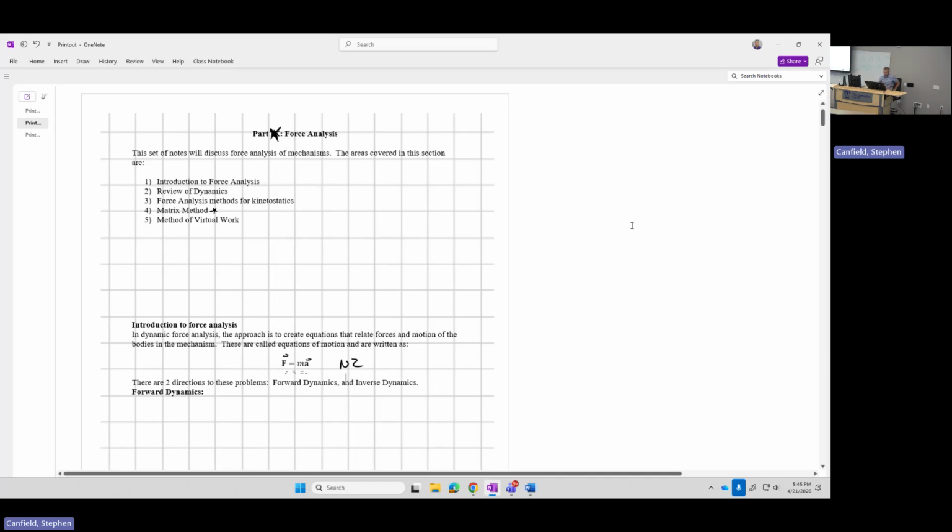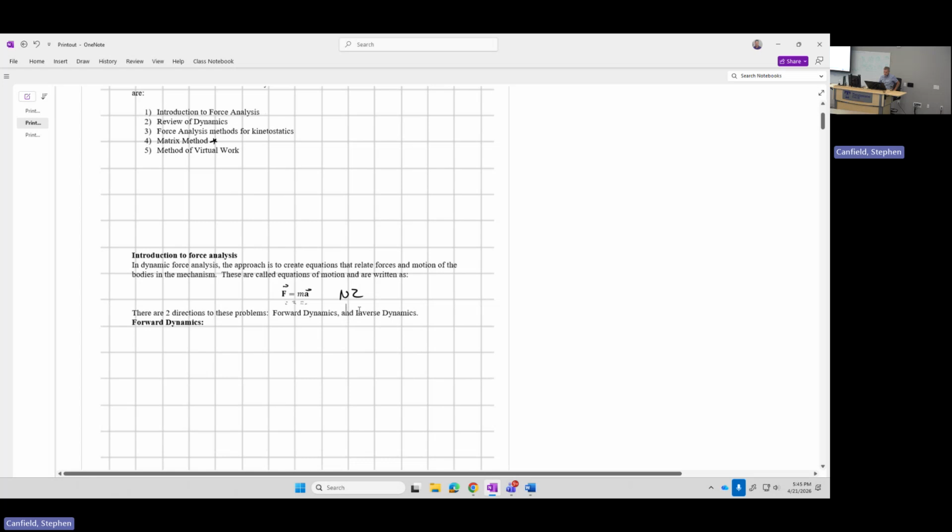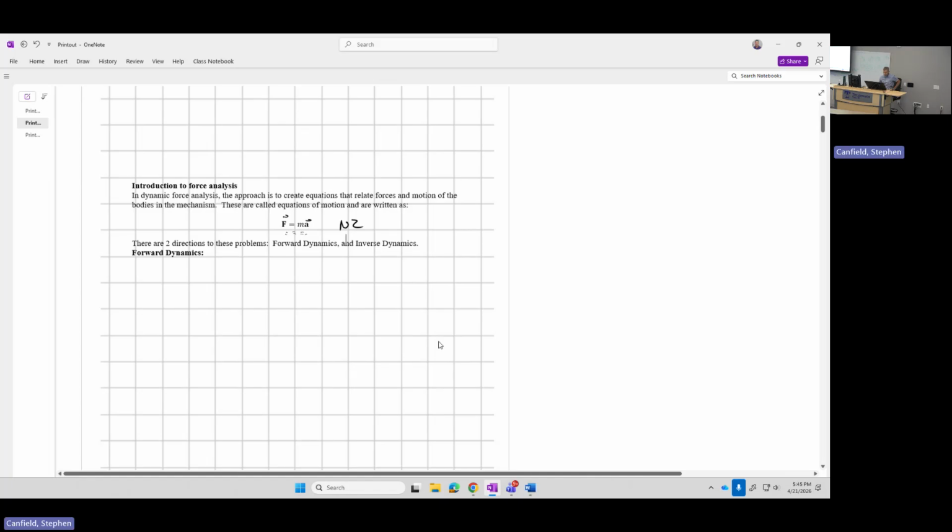There are two directions to this problem you could consider. One being the forward dynamics, and one being the inverse dynamics method. It's a little odd how I'm going to draw my arrows, but this is the naming scheme I'm going to use.